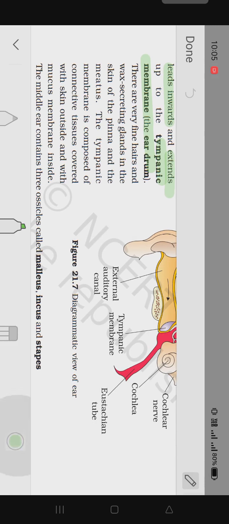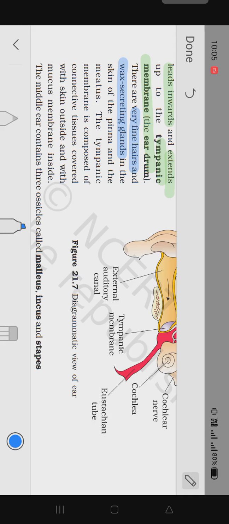Now, we must also know that the inner side of the pinna and the external auditory canal are the areas where fine hairs and wax secreting glands are present. Basically, these glands are there just to protect, because the ear is a kind of opening which connects the inside of the body to the outside environment. So there are high chances of infection spreading from the ear.